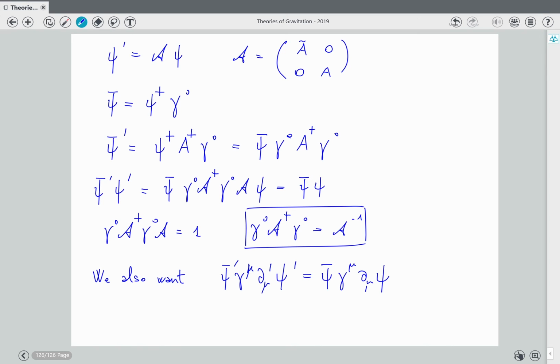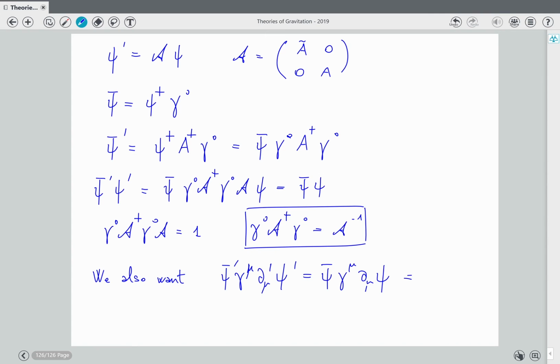Notice that the gamma matrices are not changed. They are numbers, and they should be invariant. The gamma matrices, as delta mu nu is invariant under rotations, should be invariant under the transformation. We will see how that happens.